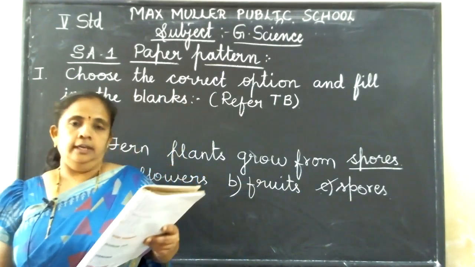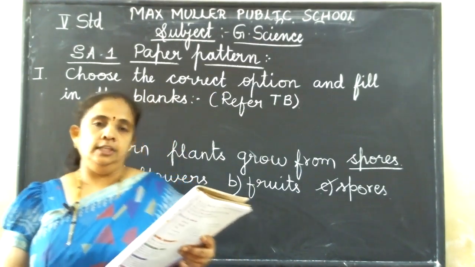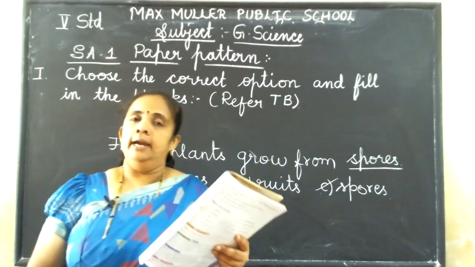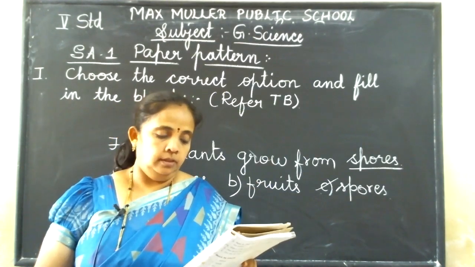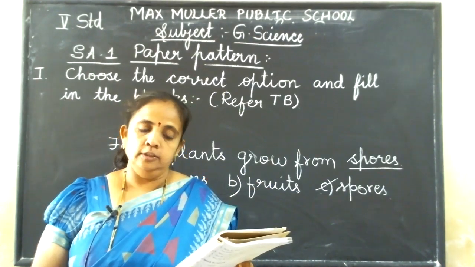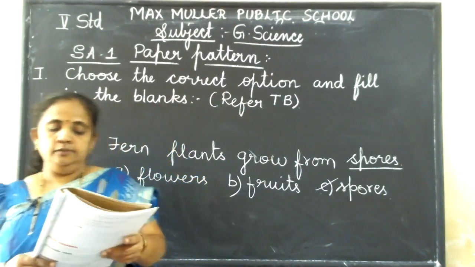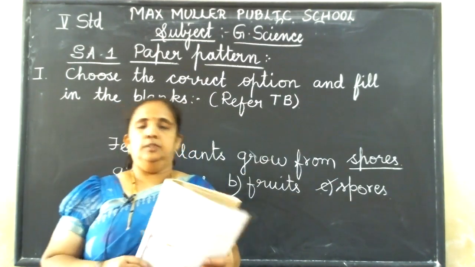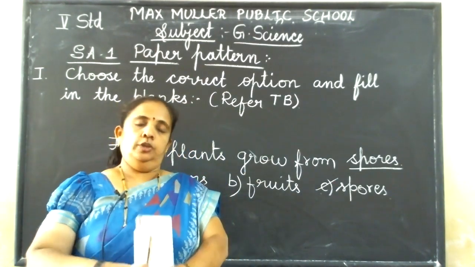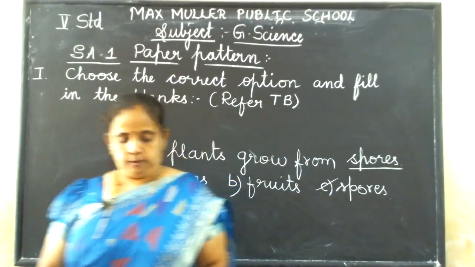Options A. Eyelids, B. Eyelashes, C. Tears. So it is A. Eyelids. Third, which of these nerves carry messages to and from the brain? A. Sensory nerves, B. Motor nerves, C. Mixed nerves. So it is mixed nerves. Both do the work.